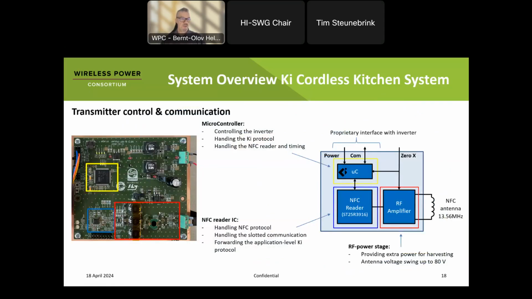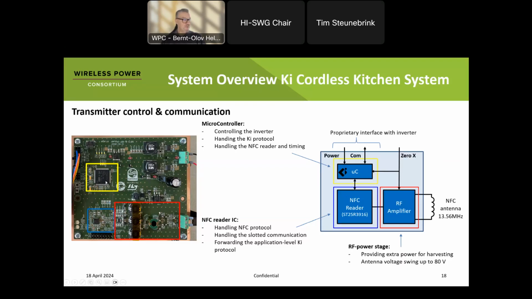The microcontroller is synchronized with the mains, as I said, and it's generating a kind of heartbeat for the system. It has an NFC controller, in the blue, doing the communication and providing the 200 milliwatts of energy through the amplifier to the coil via the filter.